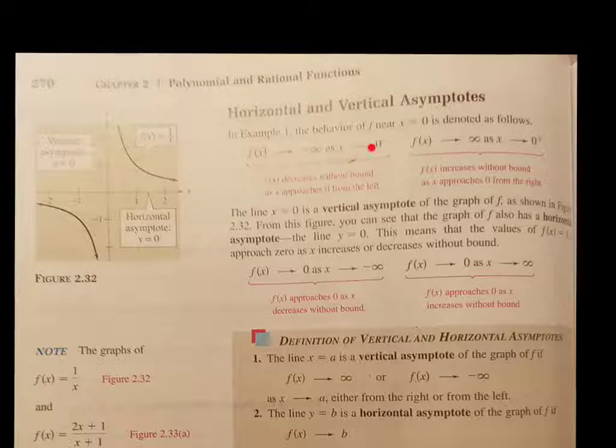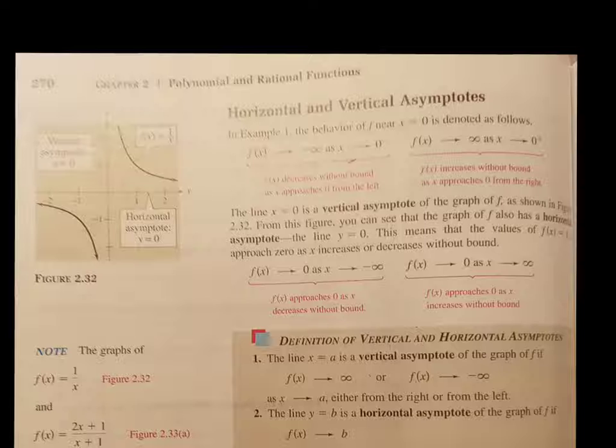So as we approach 0 from the left, that's what that little negative sign is saying, the y values approach negative infinity. But if we go to that same x value 0 from the right, and that's what that little plus sign is saying, then our y values, our f of x, go up to positive infinity. And they're saying that's a vertical asymptote.